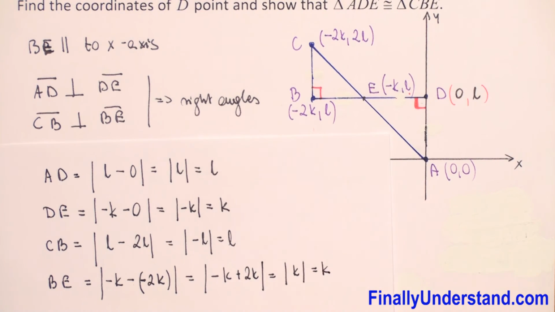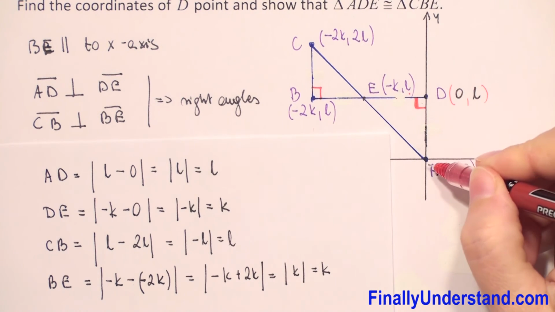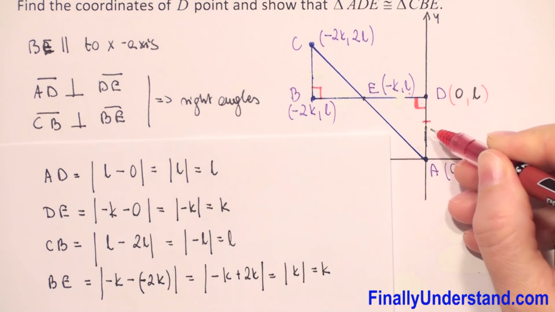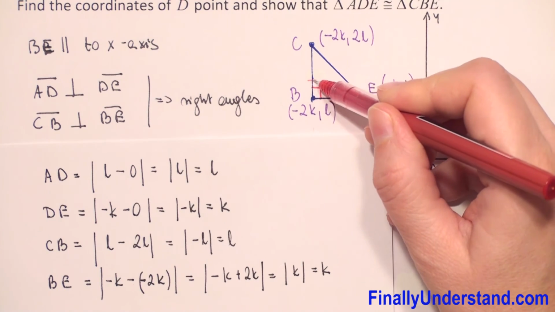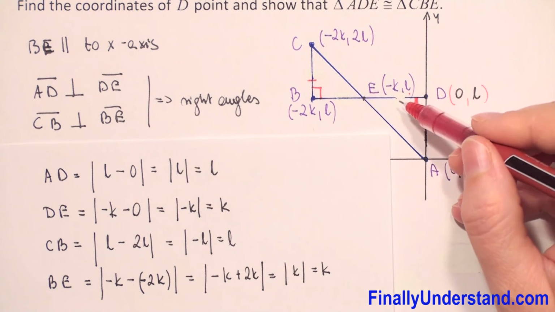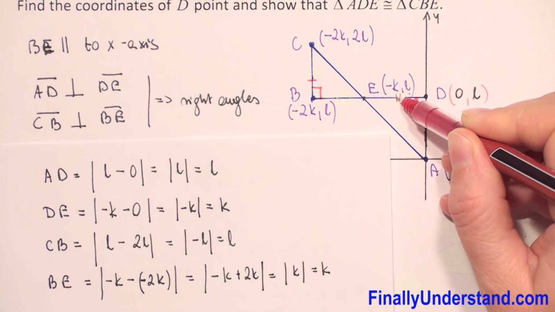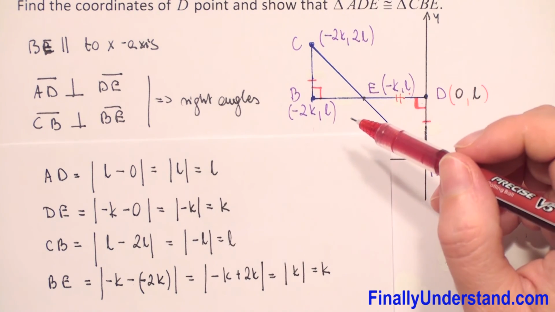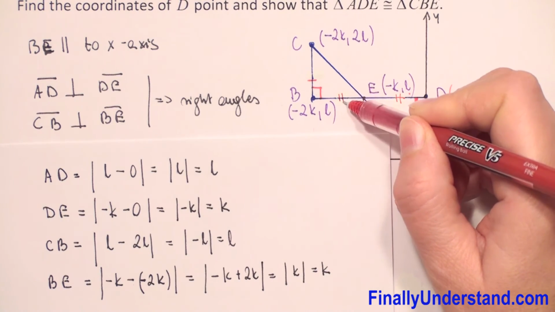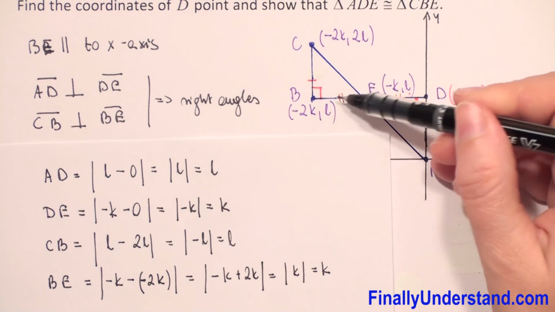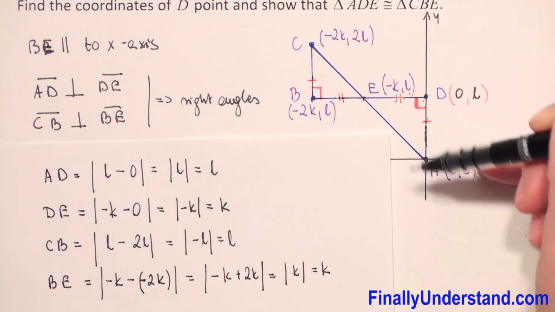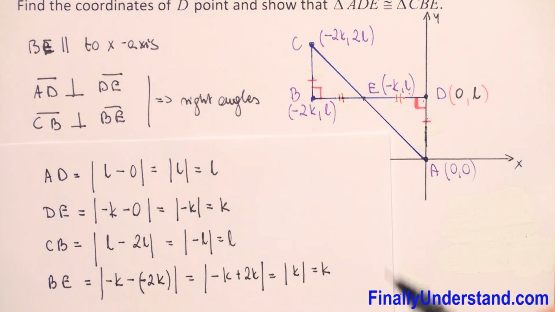So this is k. So we have that segment AD is congruent to CB, and DE is congruent to BE. So now by side, angle, side, we have the side, angle, side congruence postulate. We see that these two triangles are congruent.